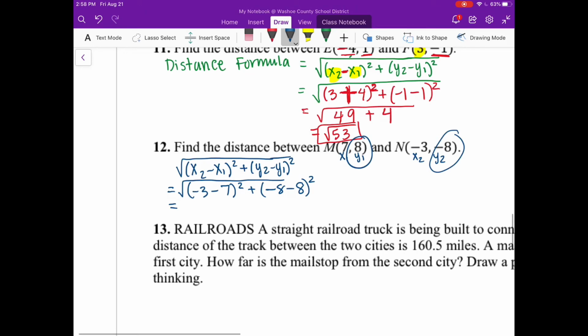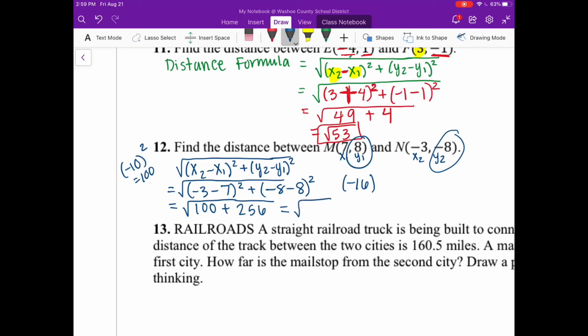All right, so here I get negative 3 minus 7 is going to give me a negative 10. Negative 10 squared gives me 100. So this becomes 100 here. This negative 8 minus 8 is negative 16. Negative 16 squared is going to give me 256.